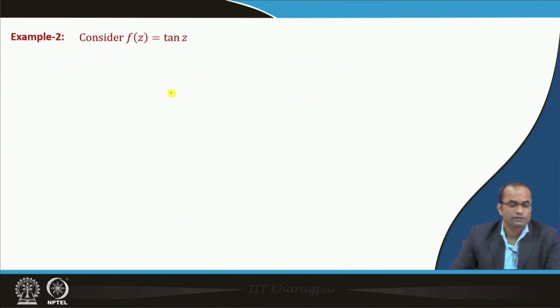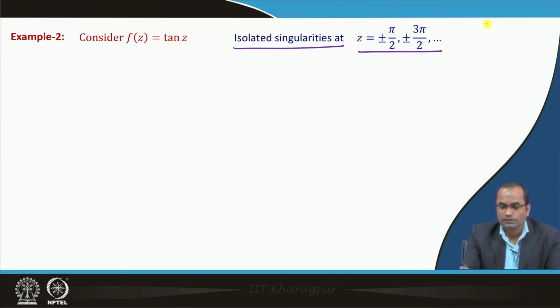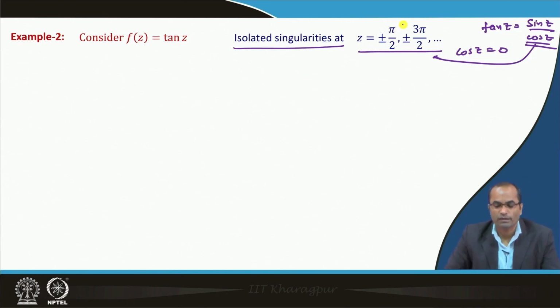However, if we consider f(z) equal to tan z, then we have isolated singularities at all these points, because we can write tan z as sin z over cos z, and cos z is 0 at all the points pi by 2, 3 pi by 2, plus or minus.